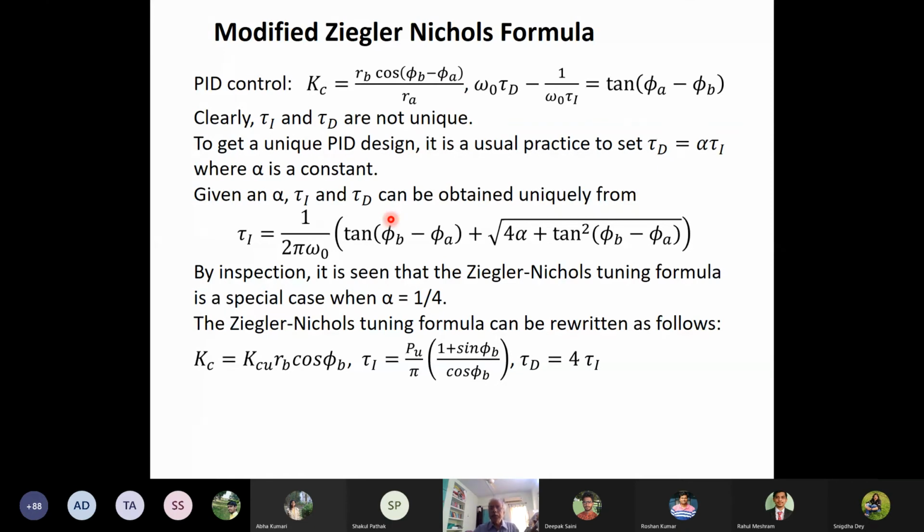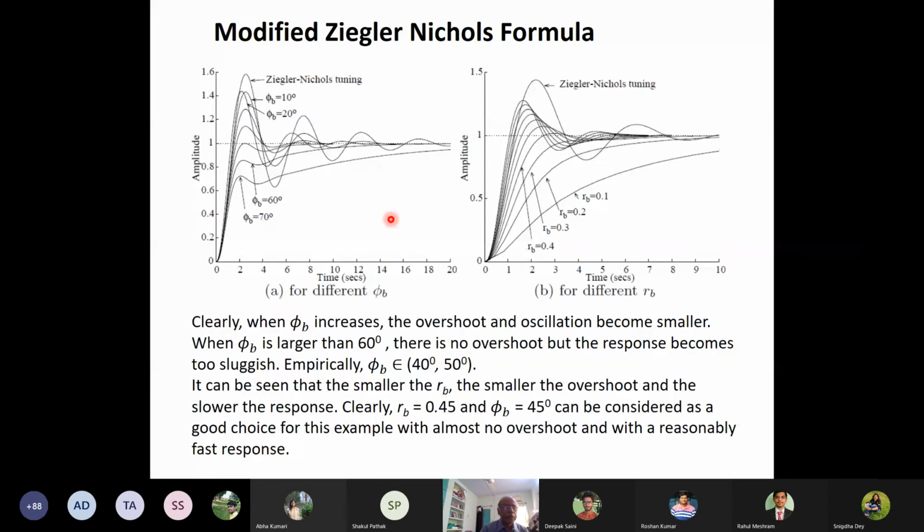So this completes the PID controller tuning and more or less the review of the process control which you have learned in your undergraduate courses.